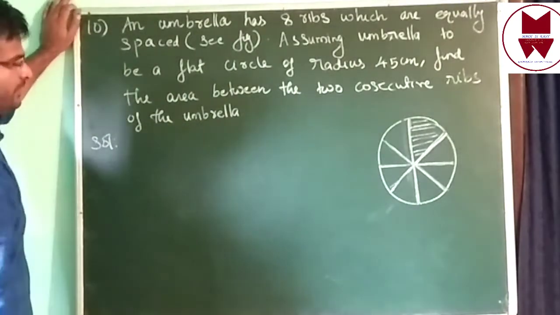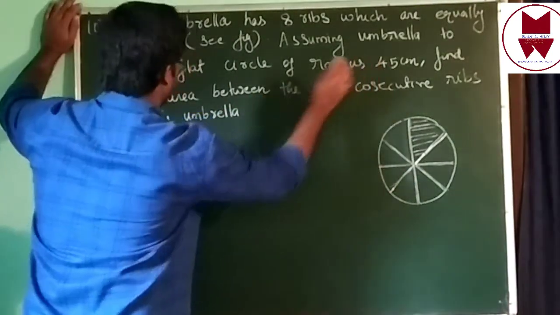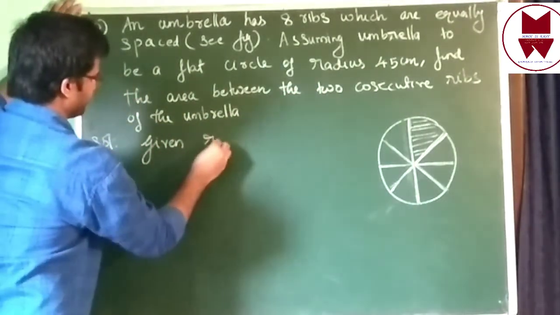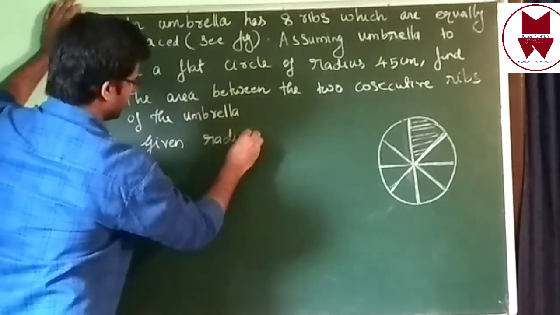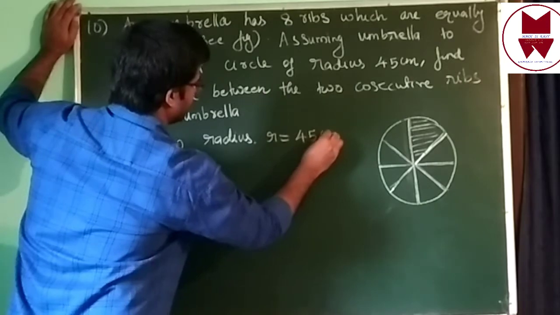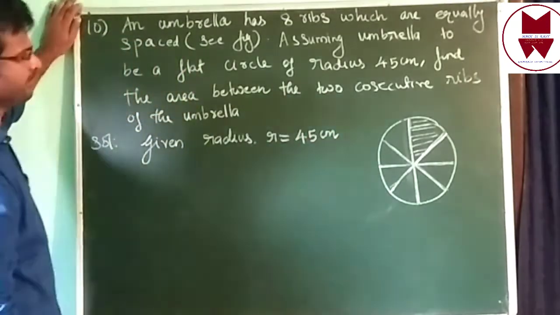First, what are the things given? We can write the radius given here. Given radius r equal to 45 centimeter. Radius is already given.